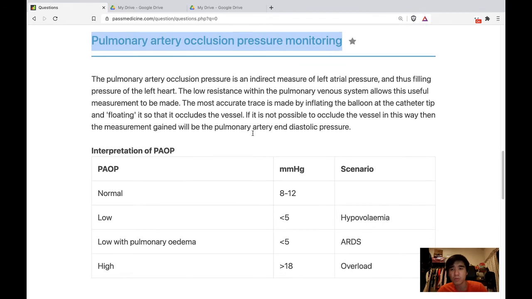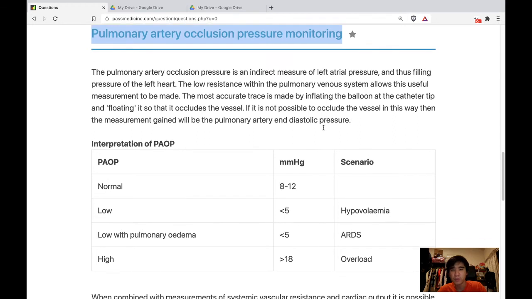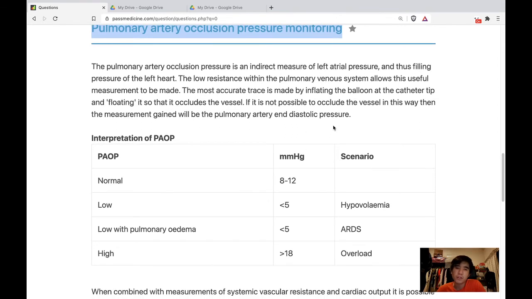Which vessel are you occluding? If it's not possible to occlude the vessel in this way, then the measurement gained will be the pulmonary artery diastolic pressure. What are you occluding? What vessel?